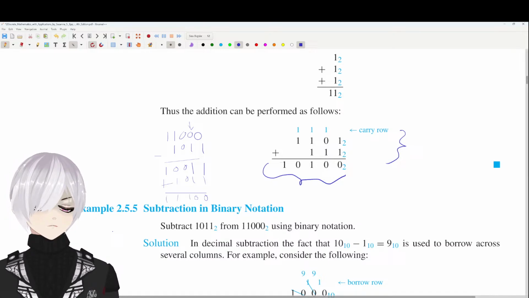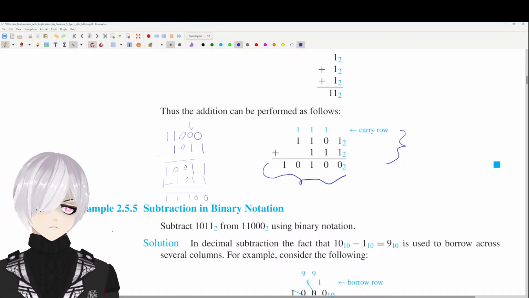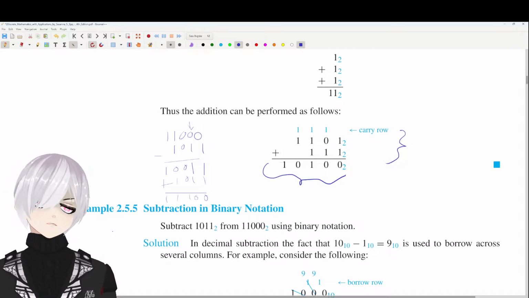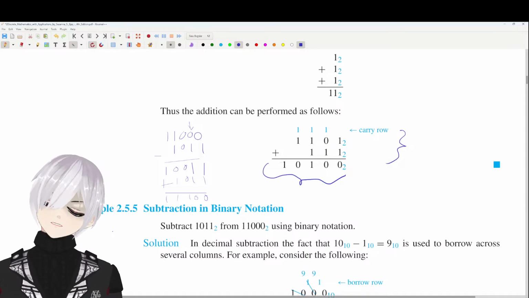Here I'm just looking at it because this is the more confusing part.